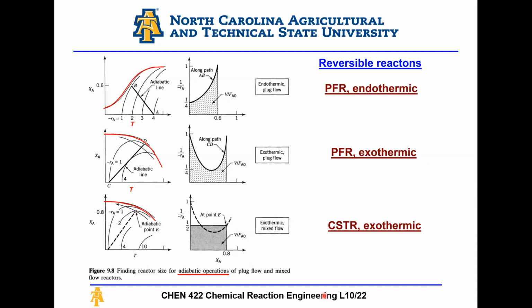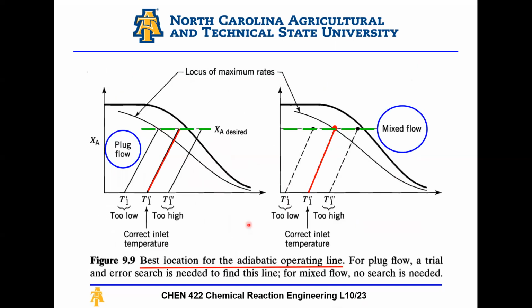Okay, now let's have a look at a few ideas as we approach the end of this lecture. These two charts show the best location for the adiabatic operating line. One thing to remember is that for the best adiabatic operation, whether it's a plug flow reactor or a CSTR, we need to look again at the conversion versus temperature line.